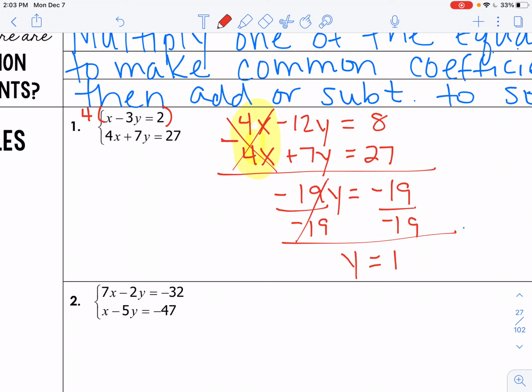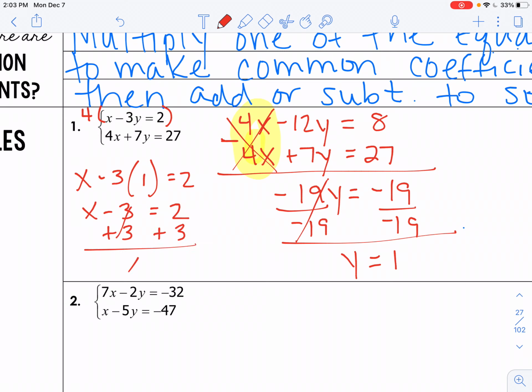Okay? So once we know the value of y, we can plug that into one of the original equations. It doesn't matter which one. I could do the first equation. I could do x minus 3 times 1 equals 2, which is x minus 3 equals 2, plus 3, so x equals 5.